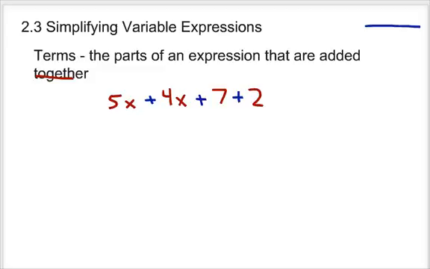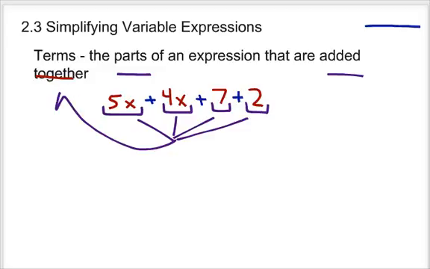Well, it's all the numbers, or the parts, that are added together. So this 5x is added to 4x, is added to 7, is added to 2. So these right here are the terms of that expression. Okay, so it's all the different pieces that are added together.